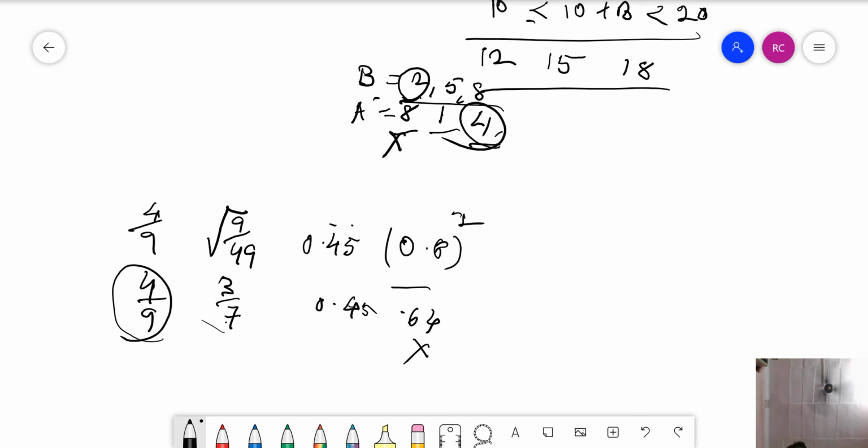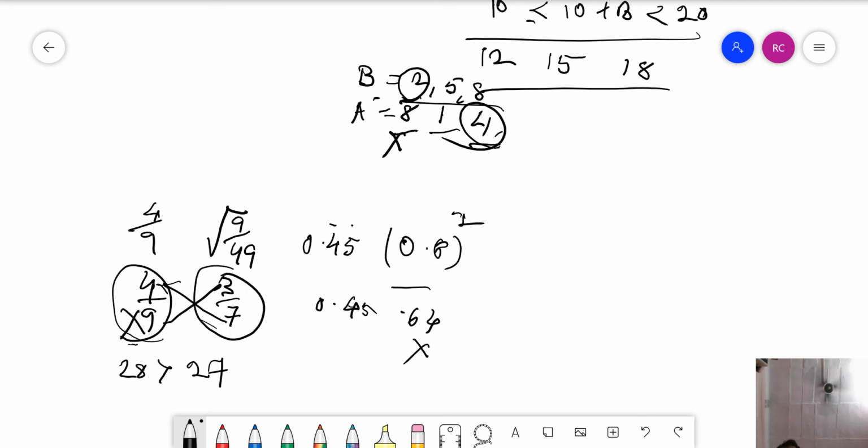We multiply 7 by 4, which is 28, and 9 into 3 is 27. So obviously 28 is greater than 27, which basically means 4 by 9 is greater than 3 by 7. So 4 by 9 is out.